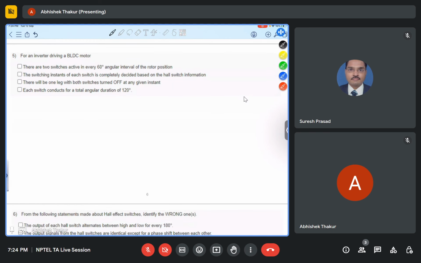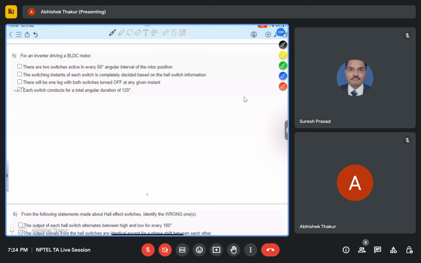Now this is a multiple select question. It is asking, for an inverter driving a brushless DC motor, which options are correct? Each switch conducts for a total angular duration of 120 degrees. Yes, this is correct. There will be one leg with both switches turned off at any given instant.